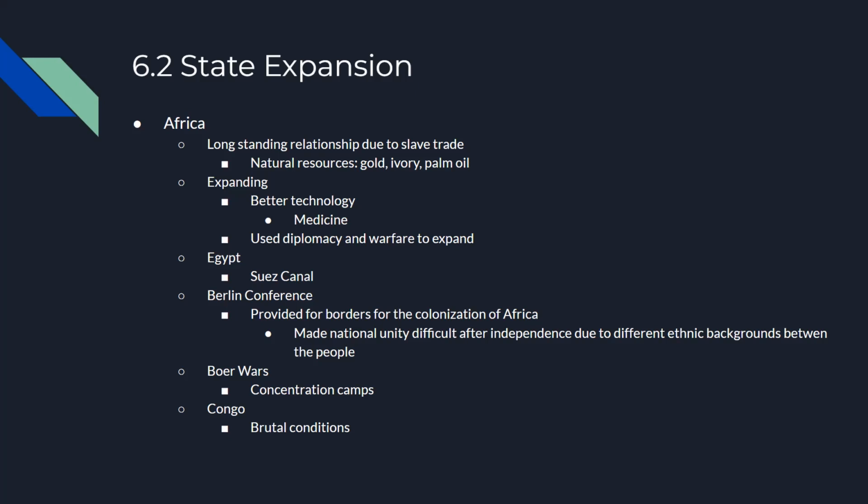What happened afterwards is that after independence was gained in the mid to late 20th century after World War II, national unity was difficult due to different ethnic backgrounds within those territories.